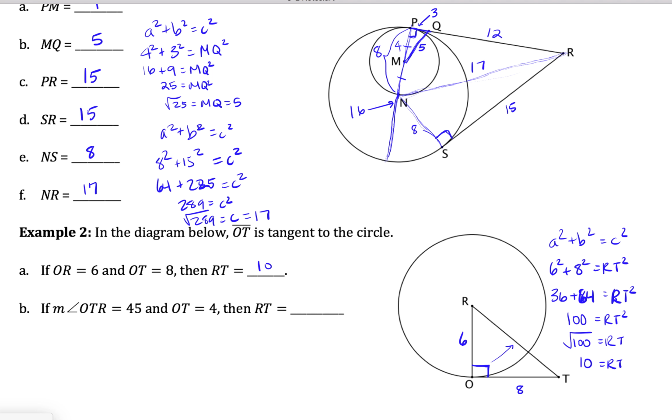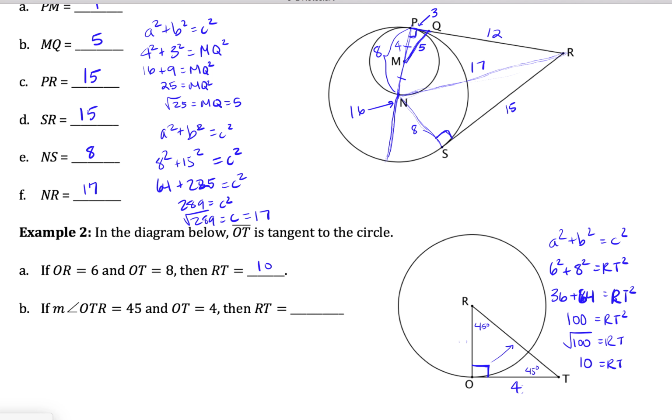Now in the next question, we're going to kind of ignore what we just figured out. We're going to ignore the measurements that we just had, so let me go ahead and erase those. And it says that if OT is 4 and the measure of angle OTR is 45 degrees. So if this is a 45-degree angle right here and this is a 90-degree angle, it means that this is also a 45-degree angle. And so what we're looking at is a 45, 45, 90, where this leg right here is 4.